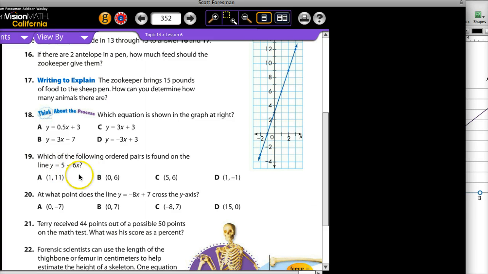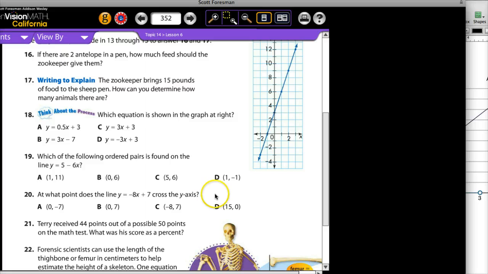Okay, so there's two ways you can do it. Plug these numbers into the equation, or pick values for x, create a t-table, and create a coordinate plane with plotted points and a linear equation.